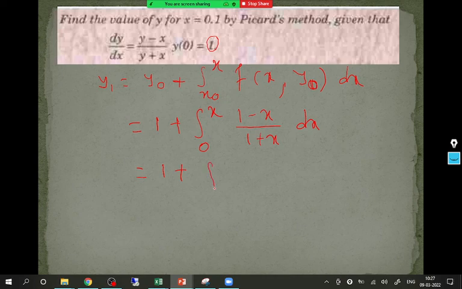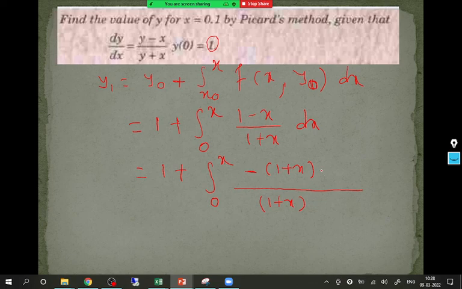If I take minus of 1 plus x in the numerator, then minus x is already there, but here is a -1.